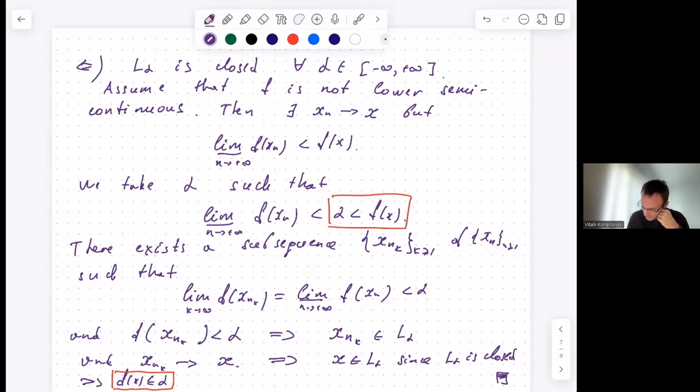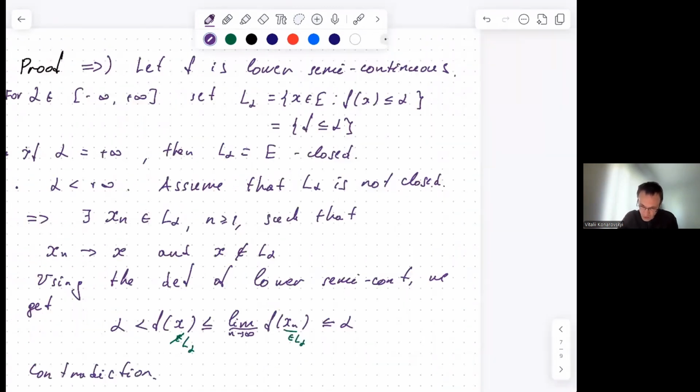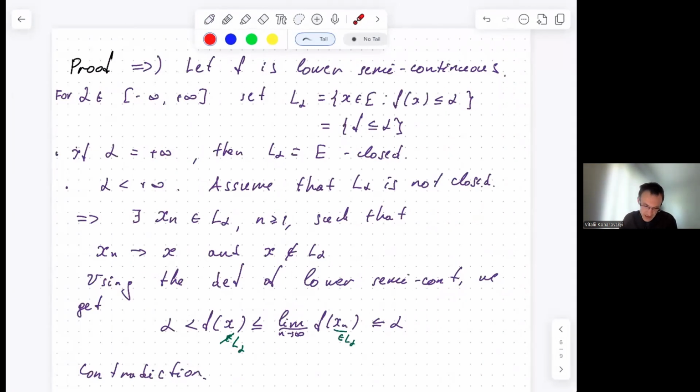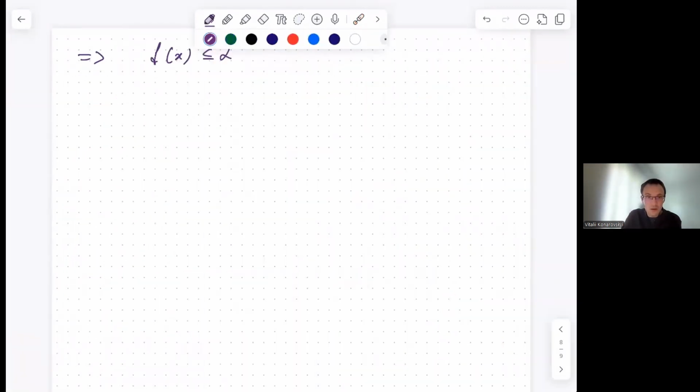This gives the proof of the statement. And now we can use these two assumptions, like the definition and the statement of the lemma, without any further discussion, when we want to prove that some function is a lower semi-continuous function.